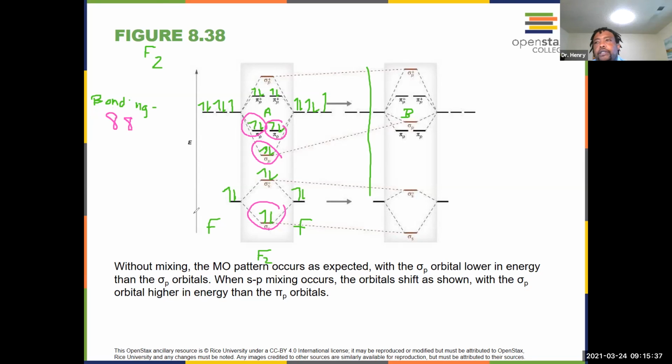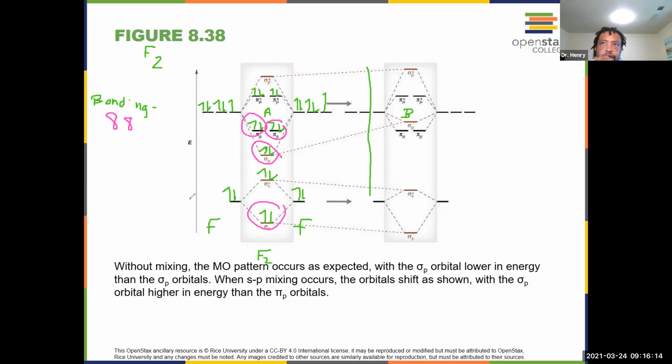Because remember, it goes bonding, anti-bonding. These guys are going to be a little bit different. They're going to go bonding, bonding, bonding, and then anti-bonding, anti-bonding, anti-bonding. So you have your bonding first. The higher energy ones are anti-bonding. Doesn't it make sense that it's higher in energy? Because you're trying to put together something that doesn't want to come together, so there's more energy associated with that compared to the bonding.